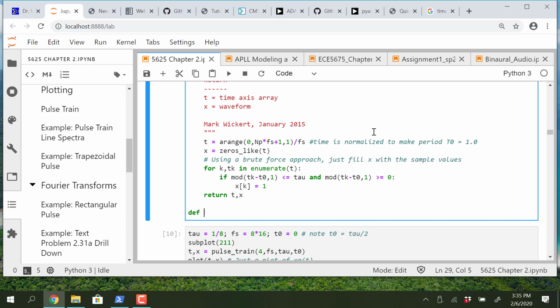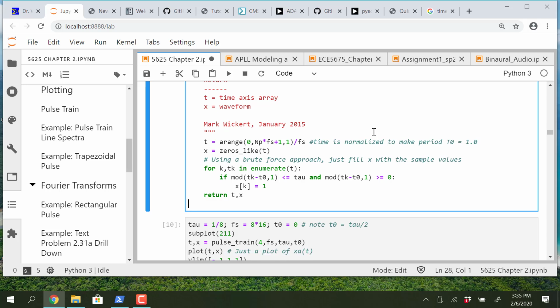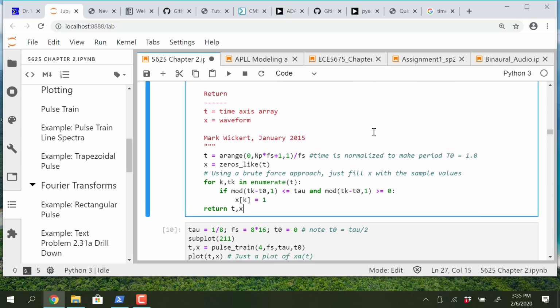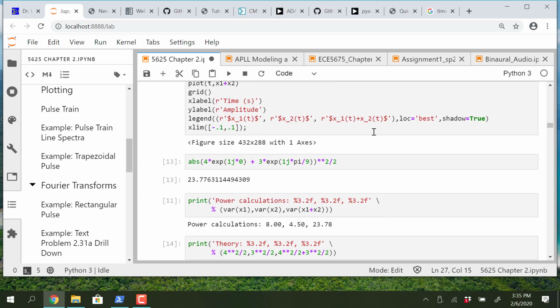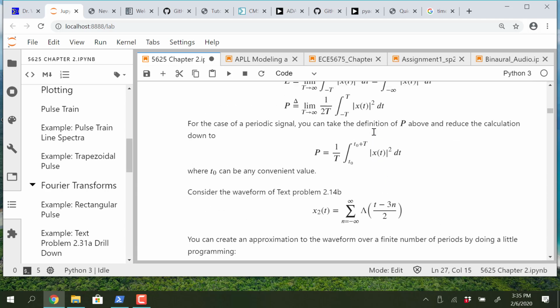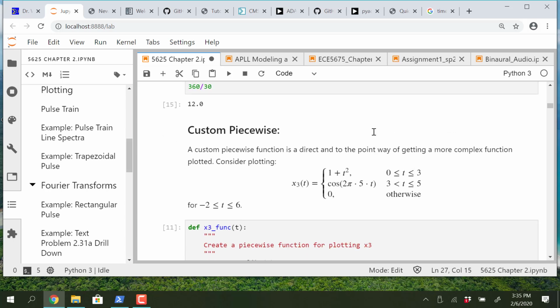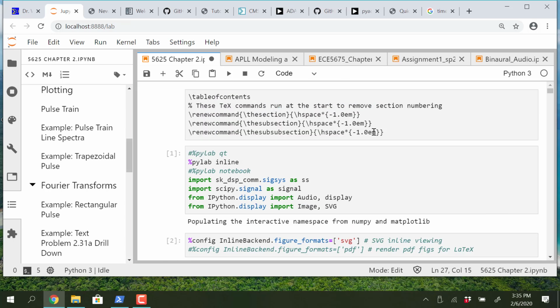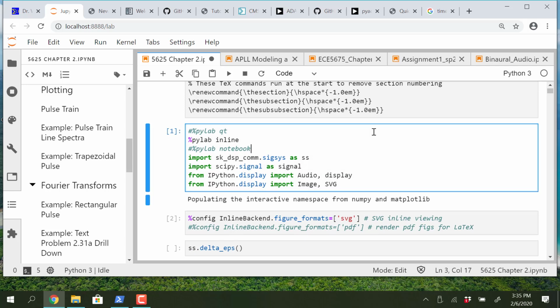When you write a module of code, you do the same thing. You can cut these functions out of the notebook cells, put them into a separate source file, and that separate source file can then be brought in, like I do at the very top here. You would do an import on it, and as long as it's in the same folder as the notebook, you'd be able to import a module.